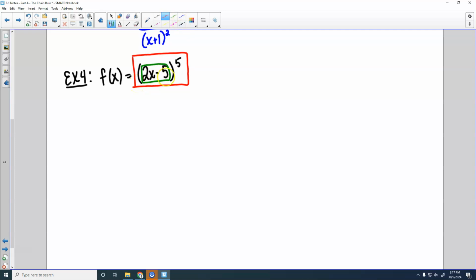2x minus 5 is our inside. The 2x minus 5 to the 5th power is our outside. So if we're going to take our derivative, we'll have f prime of x equals 5. Stuff on the inside stays the same. We don't touch it yet. To the 4th power. So it'll look like that. But then we must multiply by the derivative of the stuff on the inside.